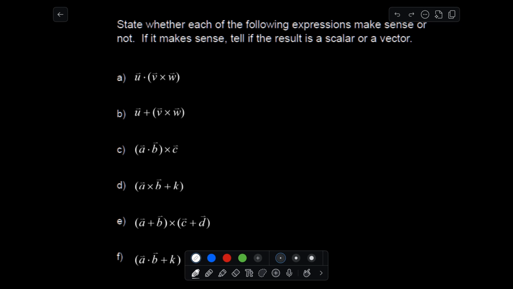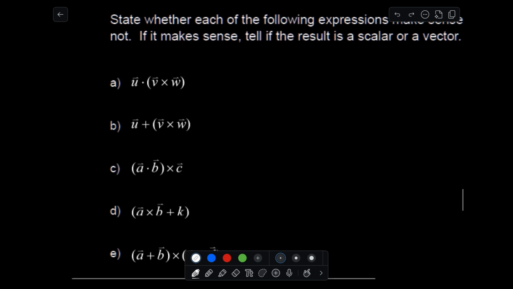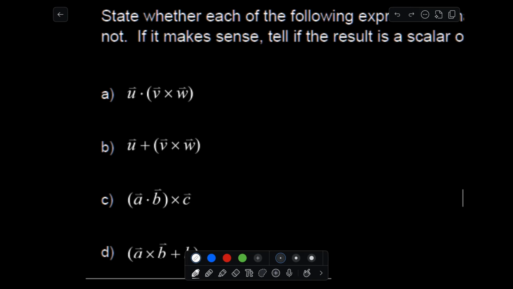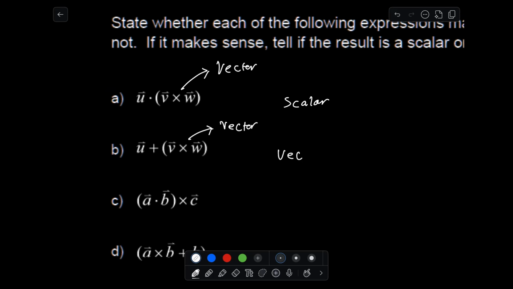All right. So in this case, we're going to do v cross w. I'm not even going to give them fake vectors or whatever. We're just going to go over it, right? If we cross two vectors, we get a vector. So then I have a vector dotted with a vector now. A vector dotted with a vector just gives me a scalar. If I cross two vectors, I get a vector. And then if I have a vector plus a vector, I get a vector.